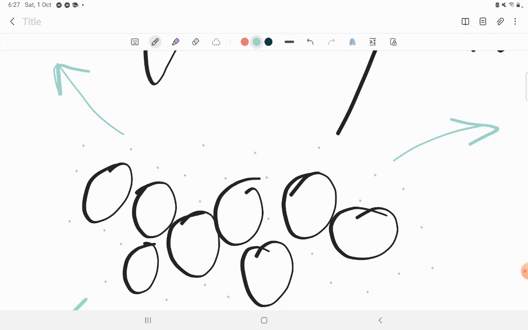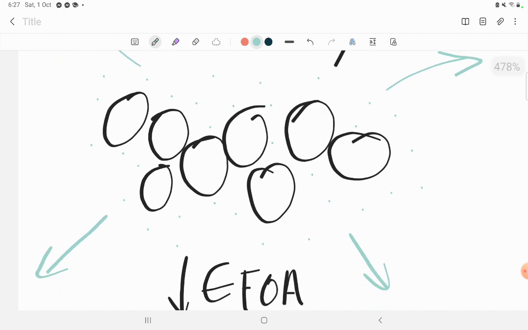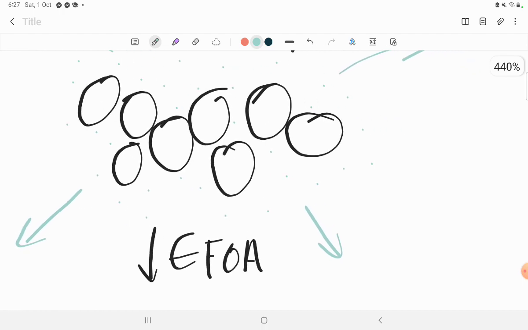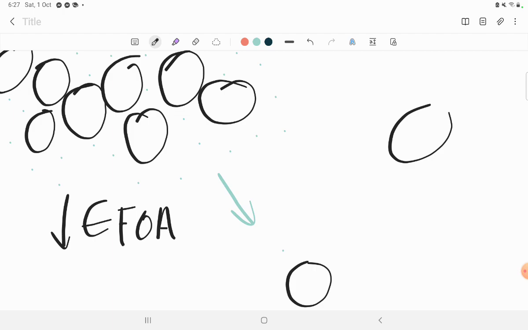So when they move away from each other, this time the EFOA is weakened to the point where this electron can move here, and who knows, maybe over here there might be another atom, or maybe over here also got another atom, right?